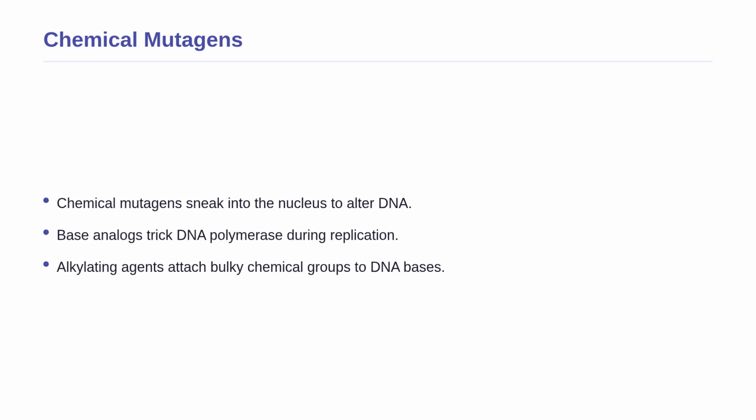Having seen how physical radiation works, let us shift our focus to chemical mutagens. While physical mutagens blast the DNA with energy, chemical mutagens are molecules that sneak into the nucleus and mess with the DNA chemically. There are a few main types.